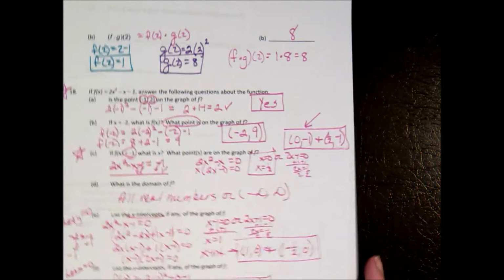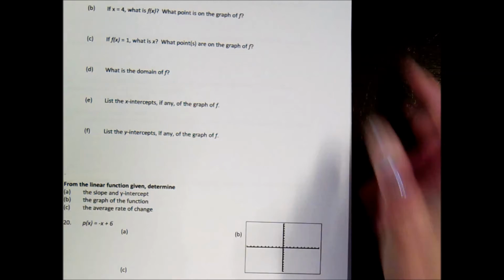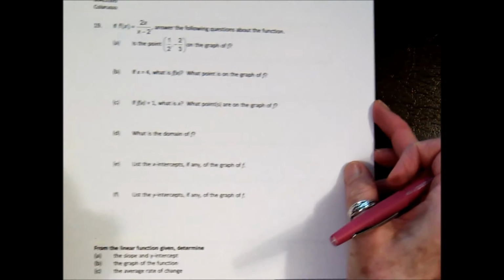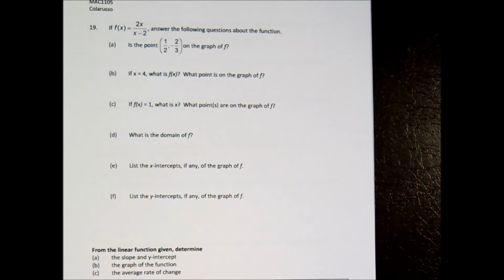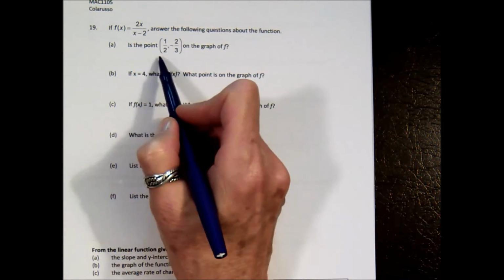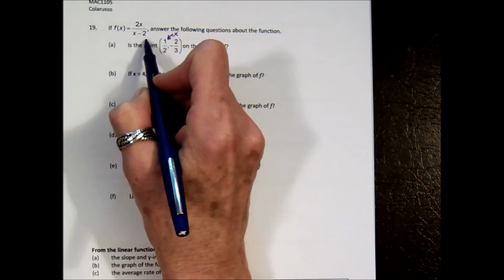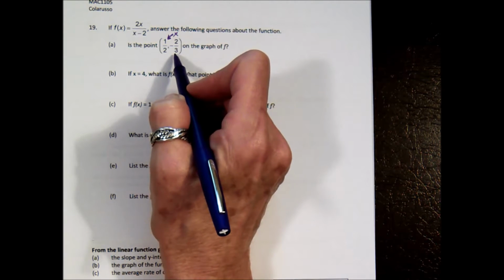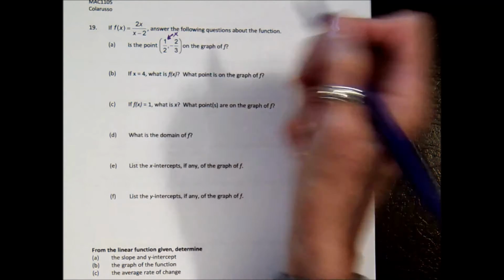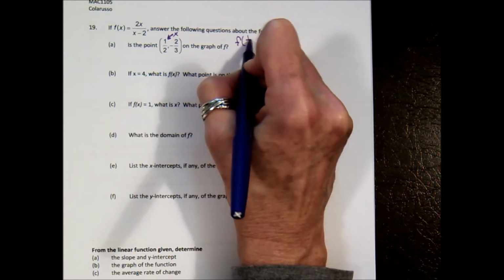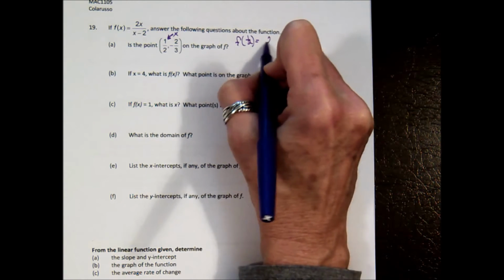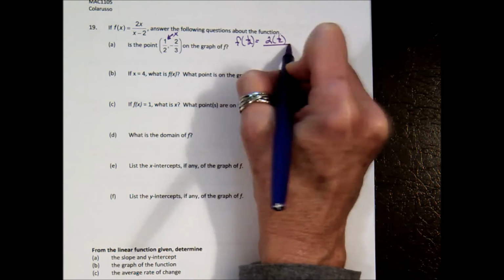All right, let's do another one of these because I think these tend to be the harder part of this exam material. So if f of x equals 2x over x minus 2, we're going to do the same thing. Is the point 1/2, -2/3 on the graph? What we care about is that. That is the x. I'm going to plug that in for x and see if I get -2/3 when I do it. So I'm looking for f of 1/2, which would be 2 times 1/2 over 1/2 minus 2.